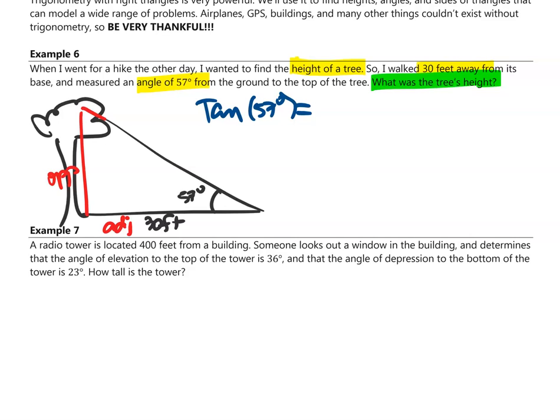So let's say if this is angle A, we can say that this is side A, and if this is angle B, this is side B. So here, that is opposite over adjacent. A over the adjacent side, which is 30.